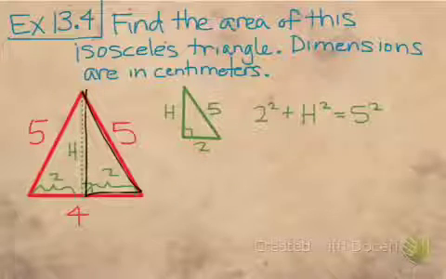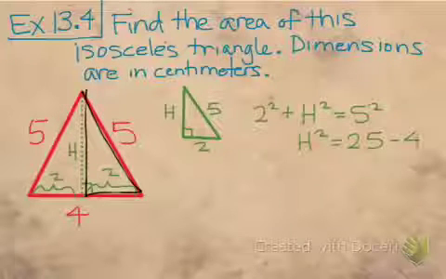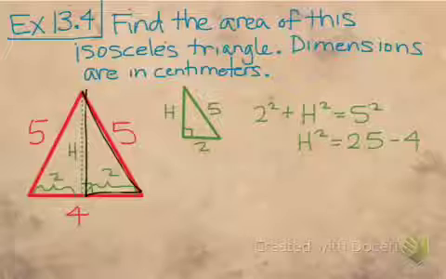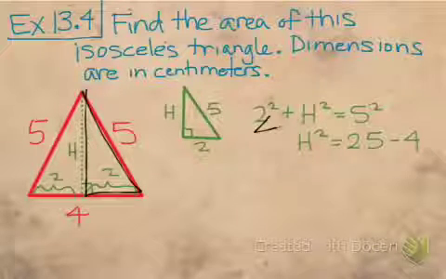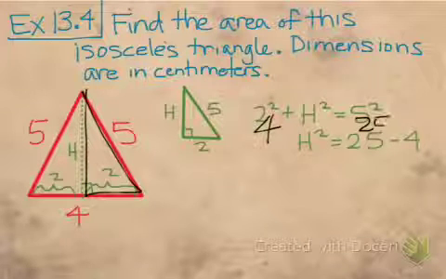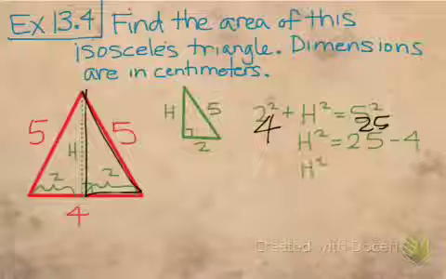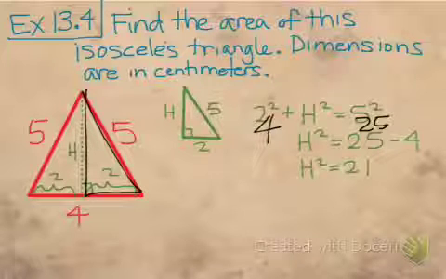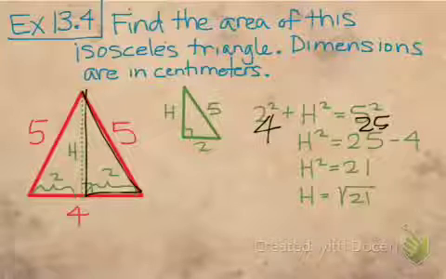So we use 2 squared plus h squared equals 5 squared. So h squared equals 25 minus 4, because 2 squared is 4 and 5 squared is 25, and we're just subtracting 4 from both sides. So h squared equals 21, and h is the square root of 21.